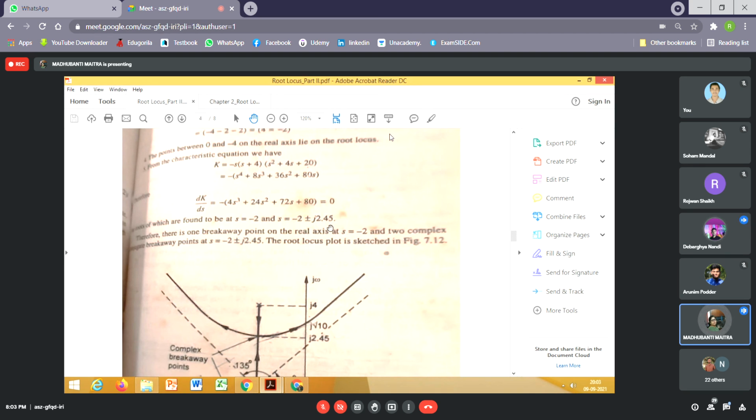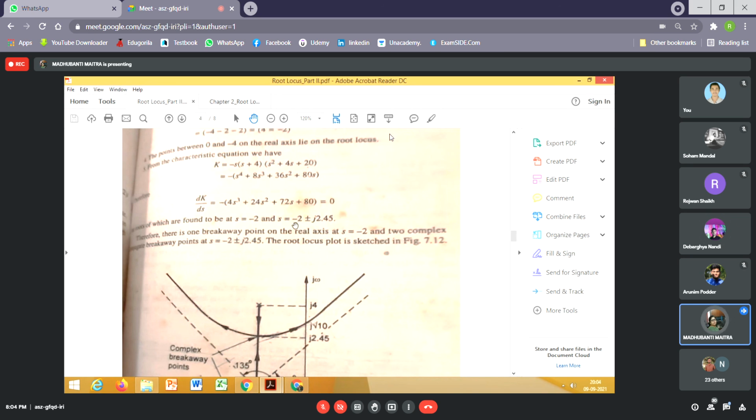So apply the angle criterion, construct a phasor, use trigonometry or rectangular to polar conversion with the help of the calculator. Find out the angles contributed by all the open loop poles and zeros at this particular point, and check whether the angle criterion is satisfied or not.